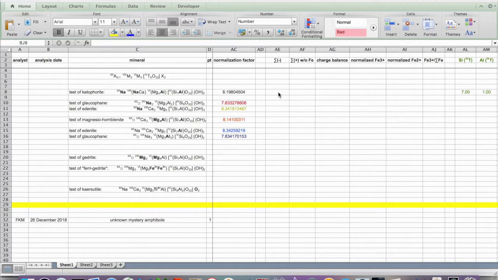But remember, we talked about the possibility of oxygen also going into the OH site, particularly in an amphibole like quercitite that we see down here. And so in reality, rather than a -46, we might potentially see as much as a -48.